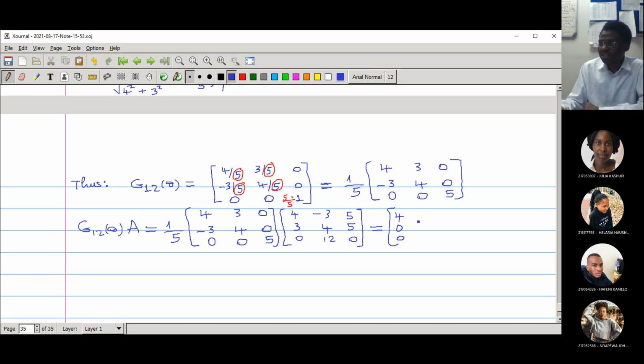This will remain unchanged. And then for the second column, 0, 5, 12, 7, 1, 0. So that is what you will get when we multiply.